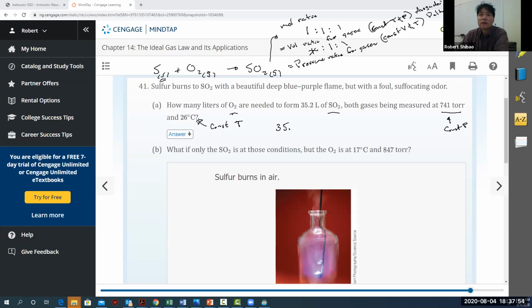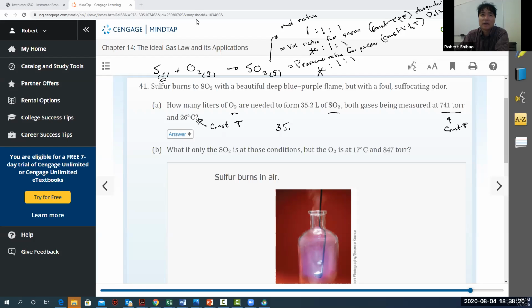So for example, if we have 1 atmosphere of O2, we're going to produce 1 atmosphere of SO2. If we have 2 atmospheres of O2, we'll produce 2 atmospheres of SO2. It's a 1-to-1 ratio in this case. And of course, sulfur is a solid, so we don't count that. It's just for gases. So it's a 1-to-1 pressure ratio, or 1-to-1 volume ratio, or 1-to-1 mole ratio.